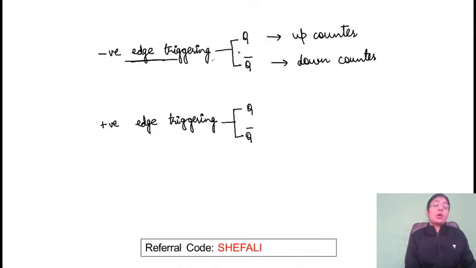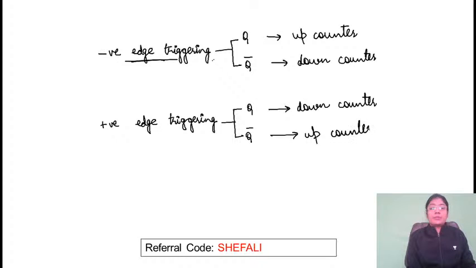So in that case, we got the up counter. Positive edge triggering you have to use and it's connected with the Q, then it will be giving you the down counter. Clear?